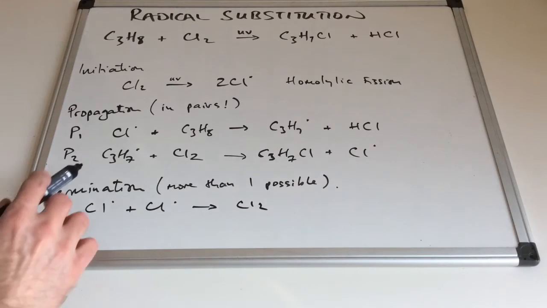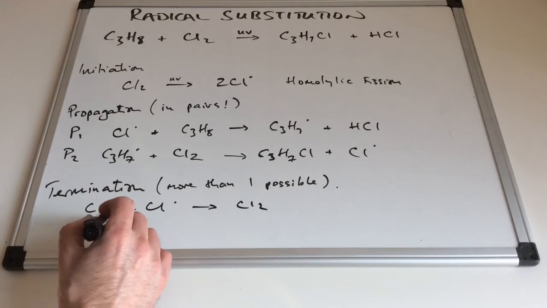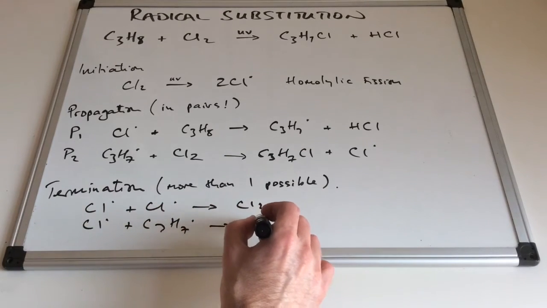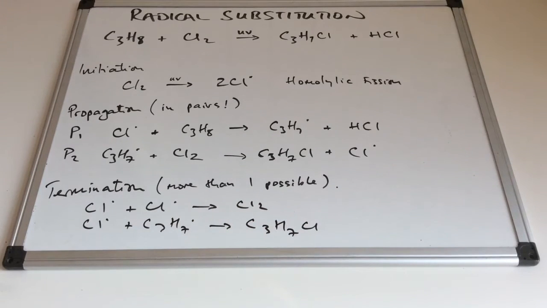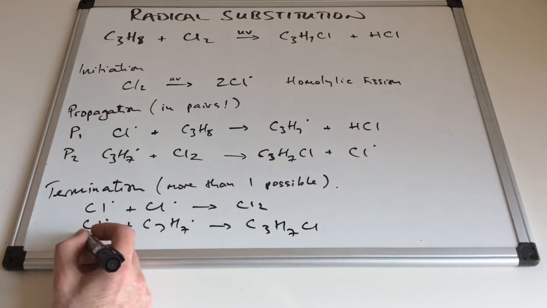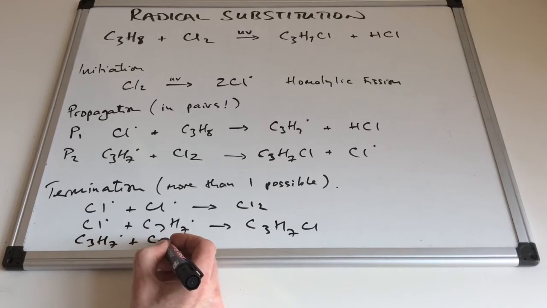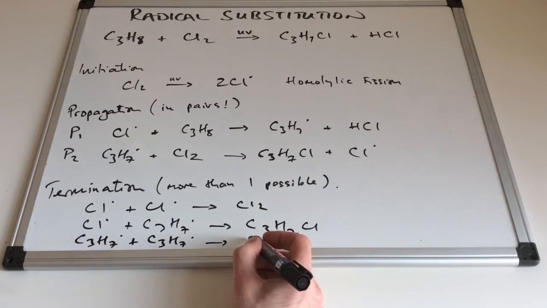We could combine a propyl radical and a chlorine radical, so Cl dot plus C3H7 dot to give C3H7Cl. And we could also combine two propyl radicals, C3H7 dot plus another one, and that's going to give C6H14.